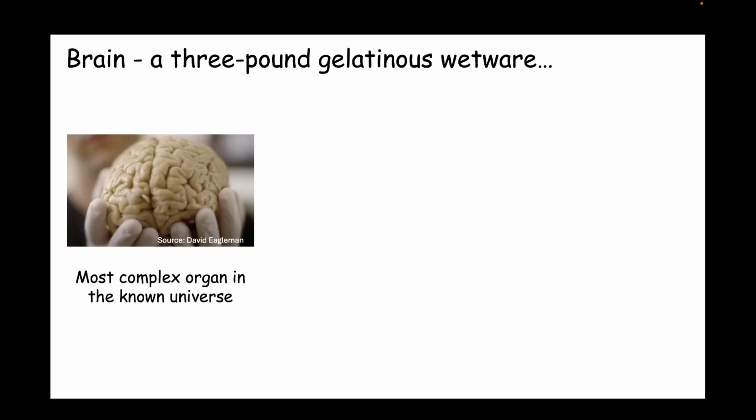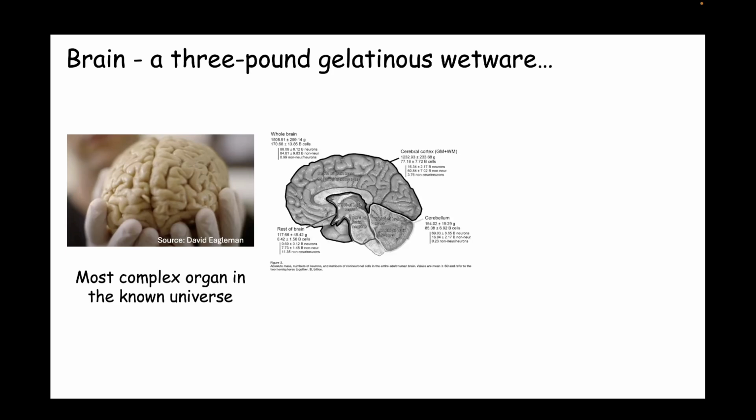Approximate number. Human brains, I think, have about 86 billion neurons or something. Yes, 86 billion. Yeah, great. That's the right answer.